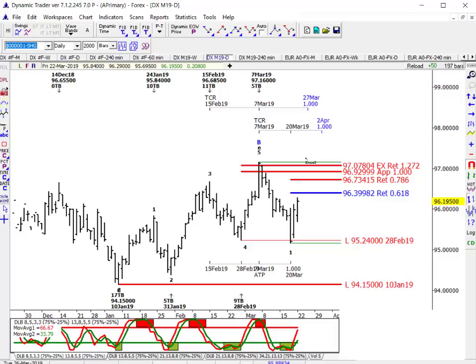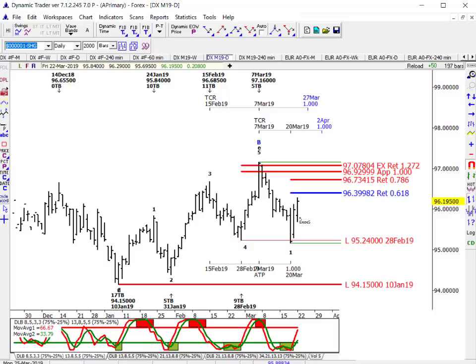So those are the two signals that we'll be looking for that will at least warn that what I'm looking at is incorrect and will tell me definitively that the kind of bear trend I'm looking for is probably not going to unfold.